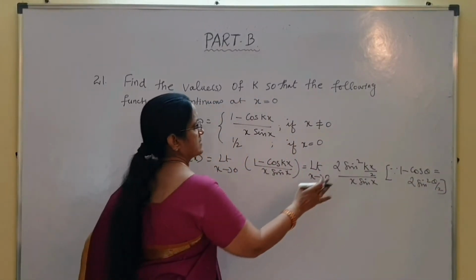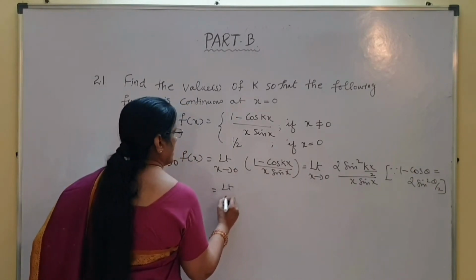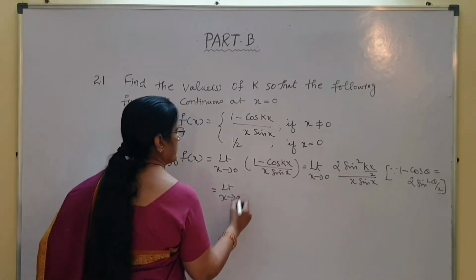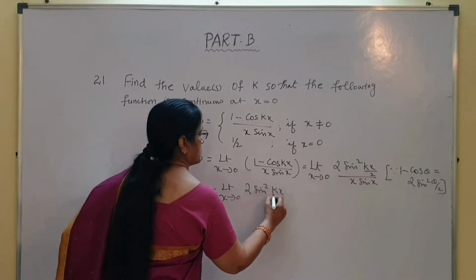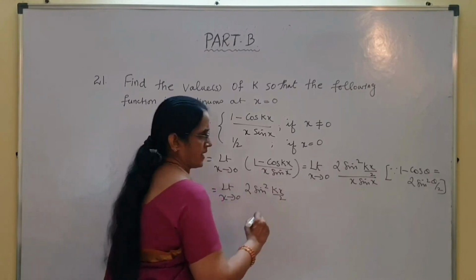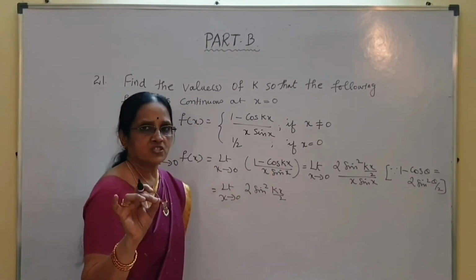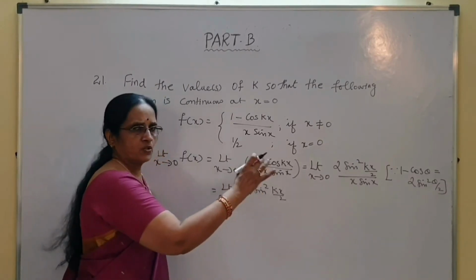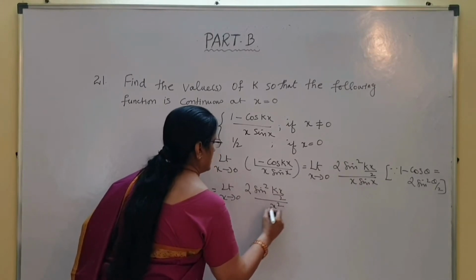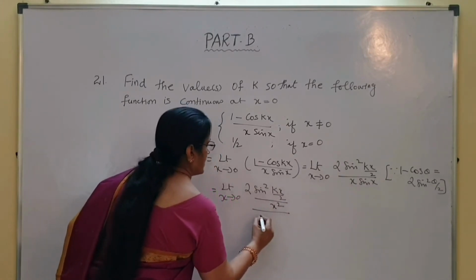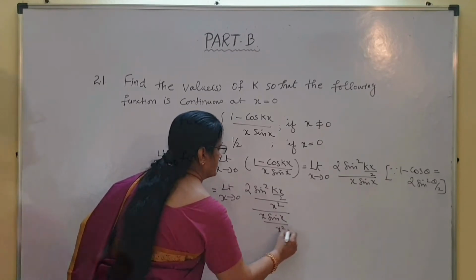Now I am going to make some adjustments. This is equal to limit x tends to 0, 2 sin square kx by 2 by x square. So I am going to divide the numerator and denominator by x square. All these things should be written by you. So by x square, by, here it will be x sin x by x square.